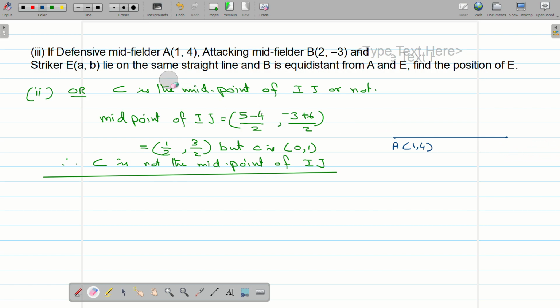Here it is given that B is equidistant from A and E, and they lie on the same straight line. That means B is the midpoint of AE.